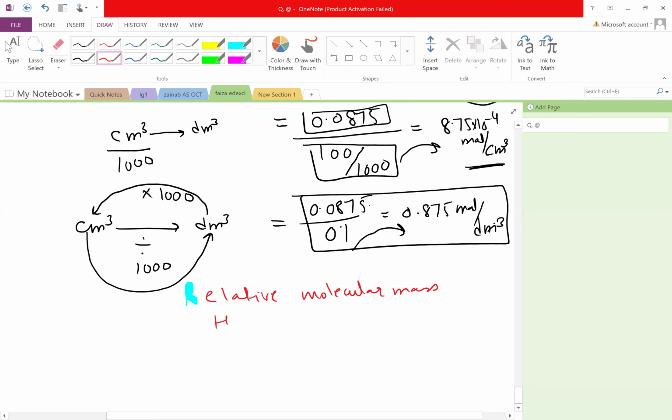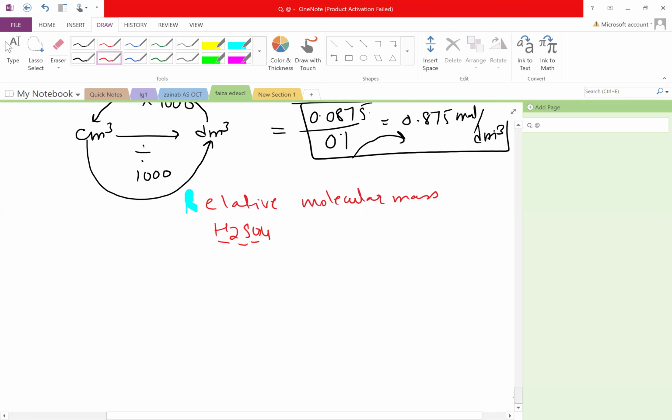If I have H2SO4, we find the masses from the periodic table and do this, isn't it? How do we find the relative molecular mass of H2SO4? We take the mass from the periodic table: hydrogen 1 multiplied by 2, plus sulfur 32, plus 16 multiplied by 4. This is how you find the molecular mass.